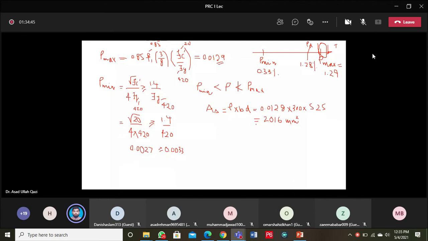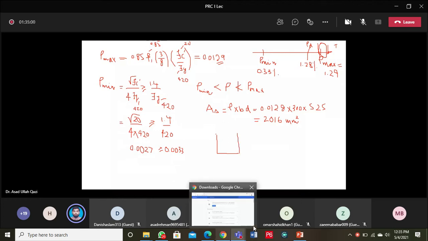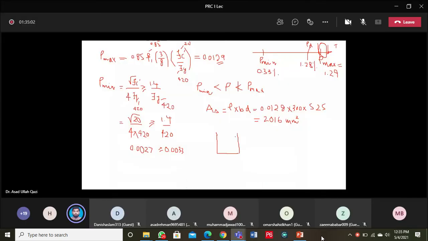Now it is your task to let me know that in a cross section of width 300, you can safely put 4 bars in a row without violating code instructions.